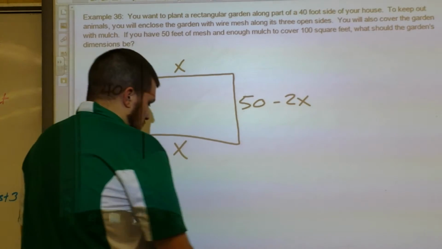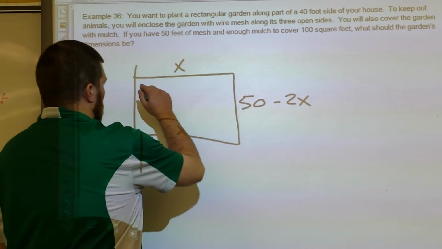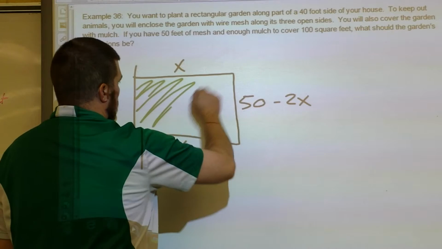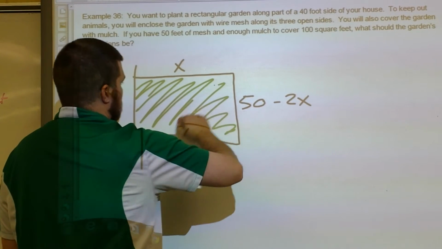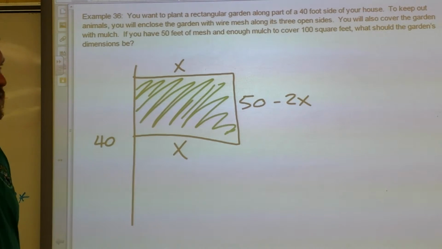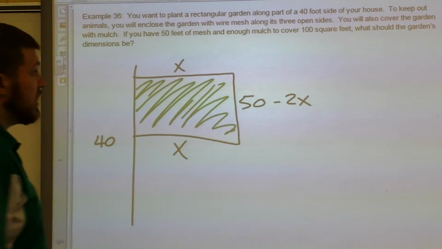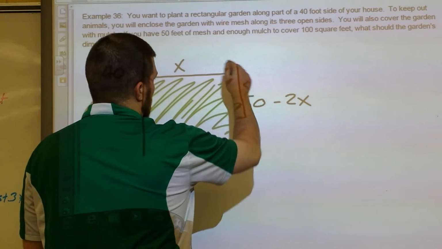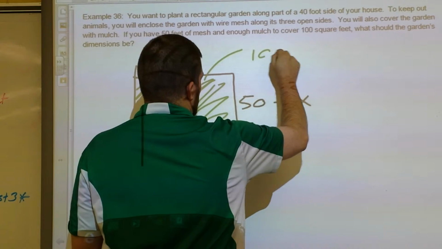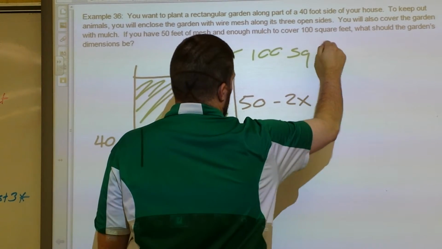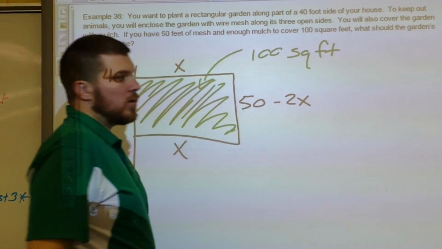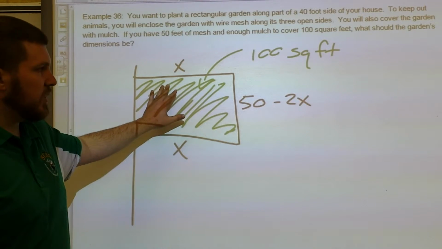Okay, now we also know we want to cover this garden with mulch. So we're going to pretend that our mulch is green. Okay, I know mulch is typically brown or red or whatever, but in this case for this garden it's green. And we have 100 square feet. Well, anytime you're talking about covering something, that's area.